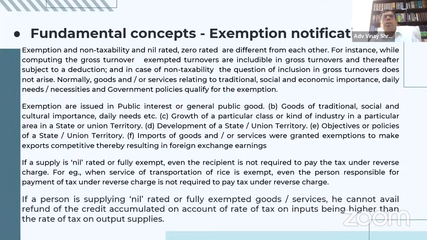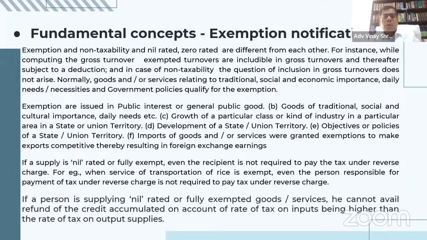For example, items of agricultural produce. Most items of agricultural produce of daily needs are nil rated. Thereby the government has clearly given its intention that it does not intend to tax them in the foreseeable future. But if it is an exempted item, that exemption might be removed if the government feels that the purpose for which the exemption was notified has served its utility.